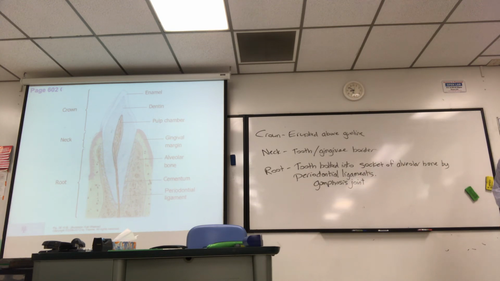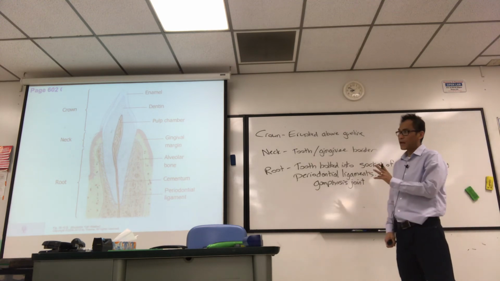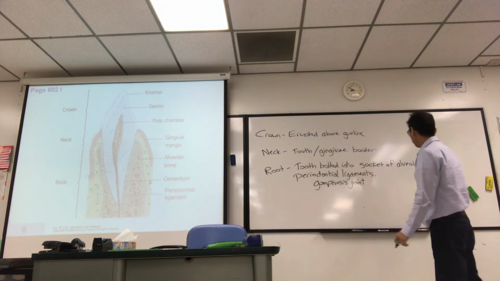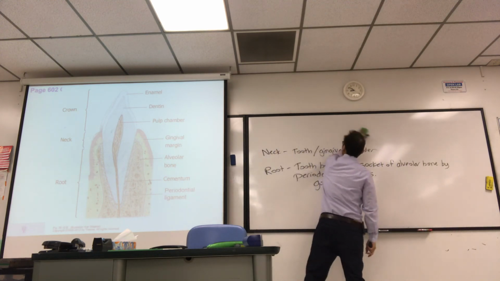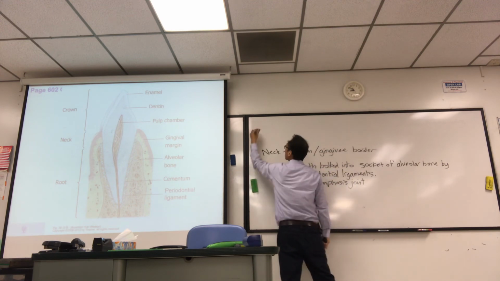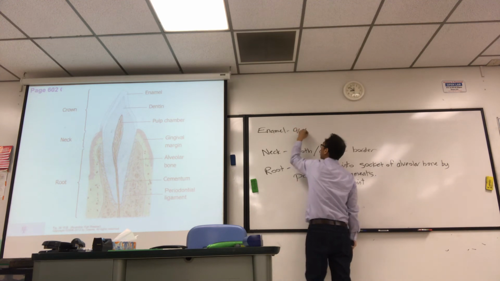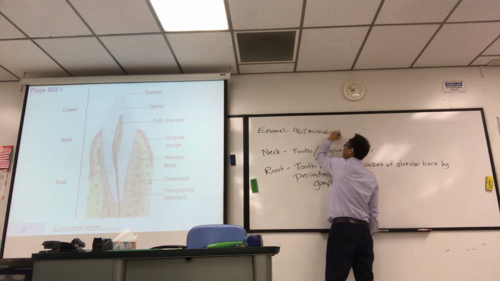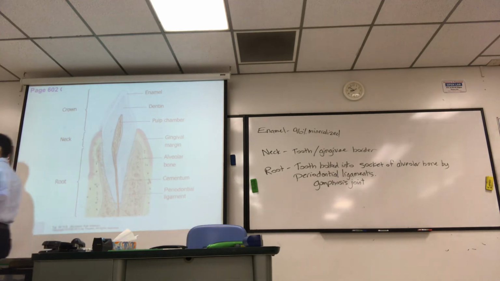And so crown, neck, root, then the layers there. Well, the most mineralized tissue in the body is the enamel of your tooth, which lines the crown. Now the enamel is like 96% mineralized, the hardest tissue in the body.